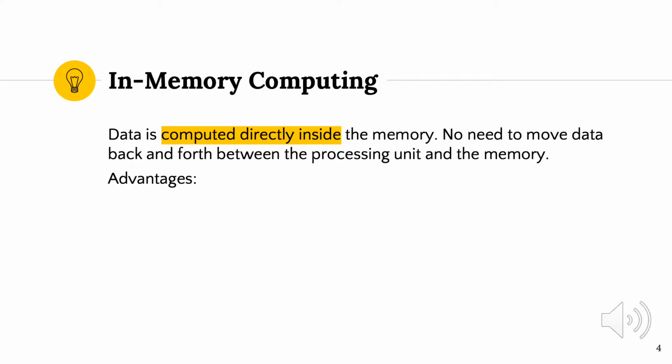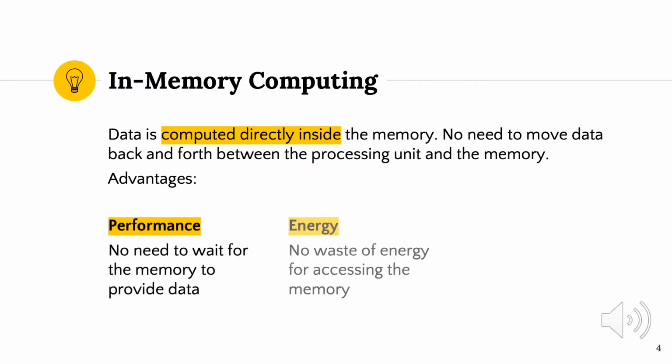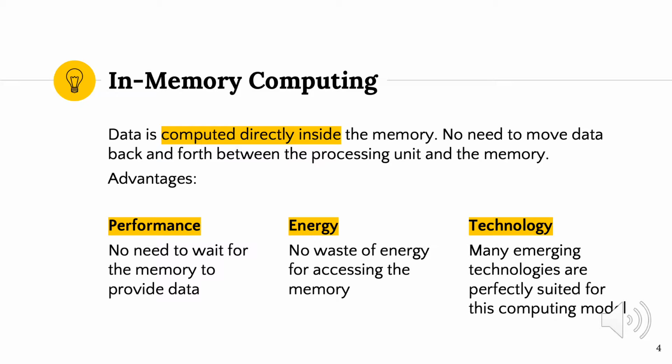For these reasons, the research community is looking for alternative computing paradigms, such as in-memory computing. According to this model, data is computed directly inside the memory, so there's no need to move data back and forth between the processing unit and the memory. And this model has three main advantages. There's no need to wait for the memory to provide the data.